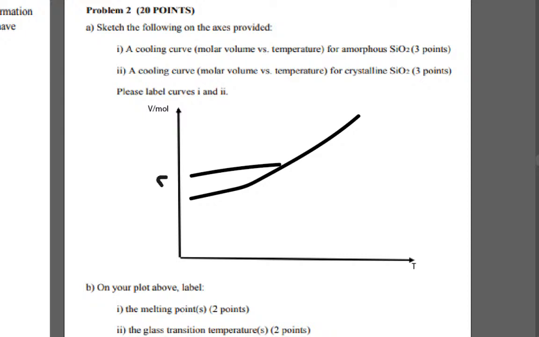Both of these are amorphous, because this thing here is just supercooled. And then right over here we could have the transition, and this guy here would be the crystalline.